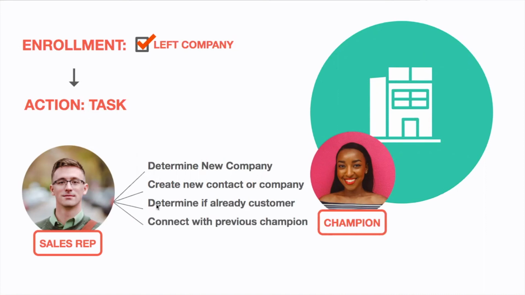Then the sales rep can determine, by some basic research, what the new company is, create that contact or company, determine if they're already a customer, and connect with that previous champion. This really helps the customer success team interact more fully with the sales team, giving them that notification so they can turn a loss into a potential opportunity. This is an enrollment, or a task you can create as a workflow, directly for the sales rep themselves.